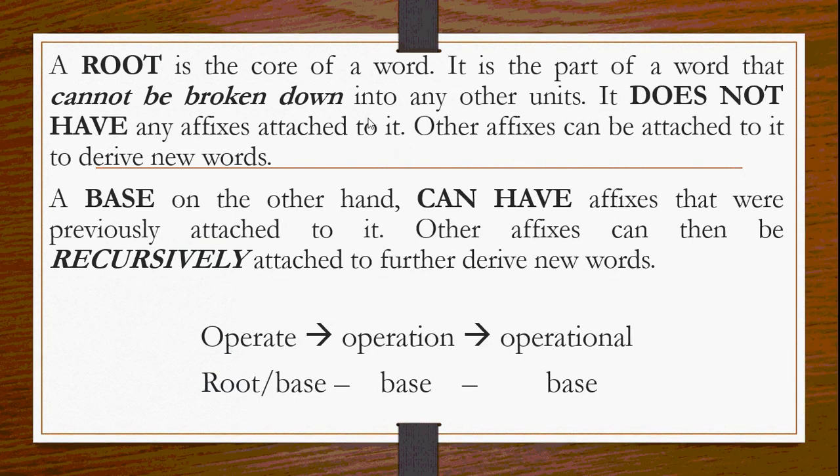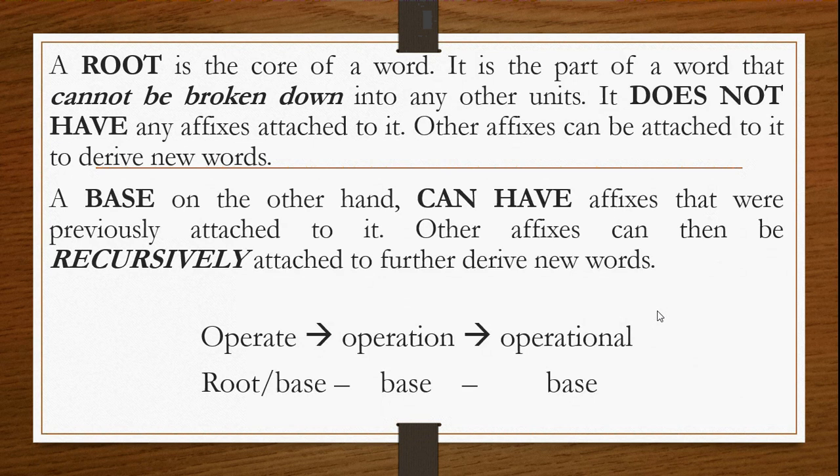All right, so a root is the core of the word. That means it is the part of the word that you cannot divide anymore. When you have a word and you separate every element of the word, and you get to the last element that cannot be separated any further, that is the root.